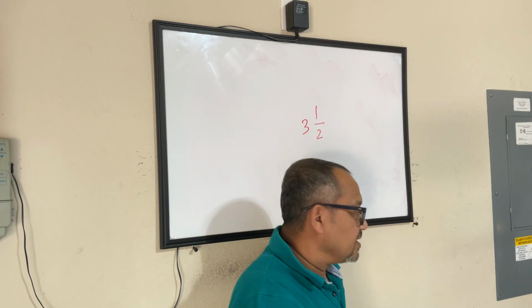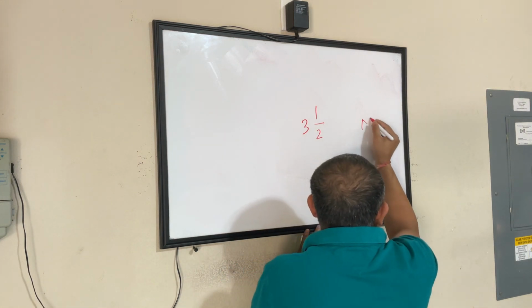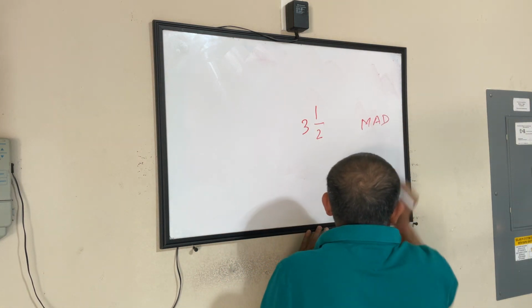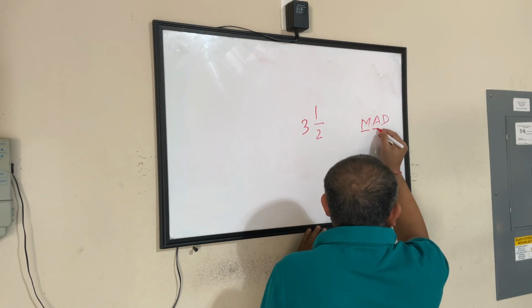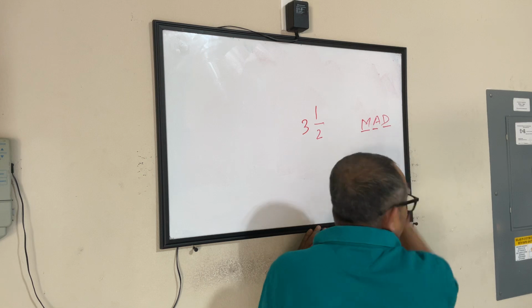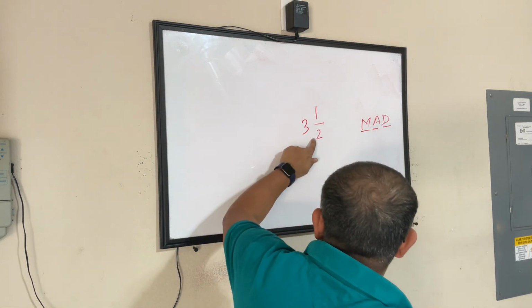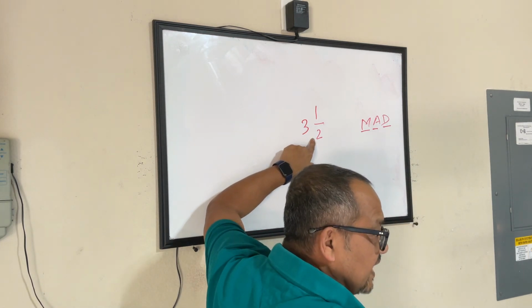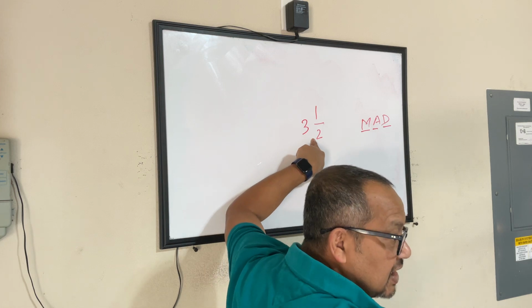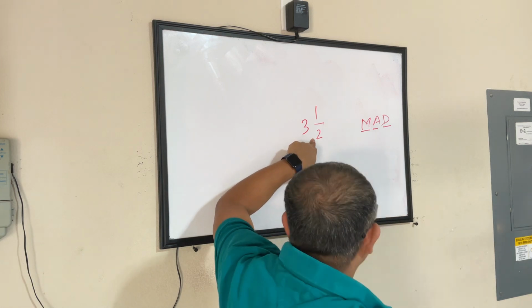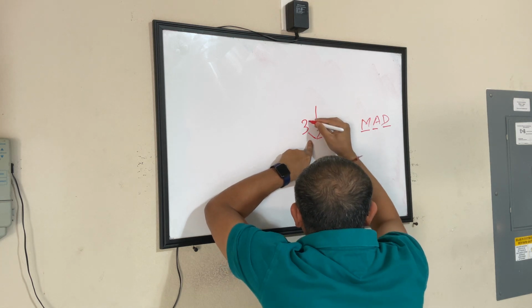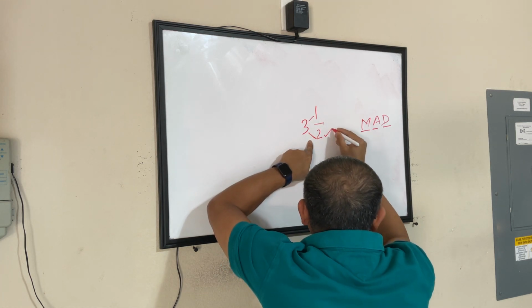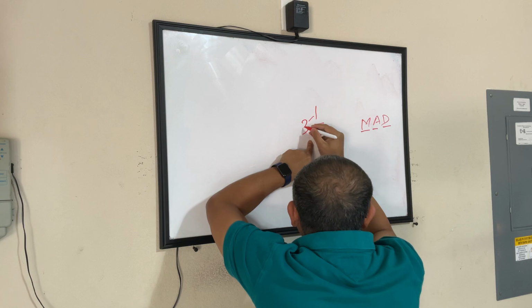MAD. M stands for multiply. A stands for add. And then it's your denominator. Whenever I have a mixed number, I go MAD. I first multiply, then I add, then I write the denominator. 2 times 3 is 6.